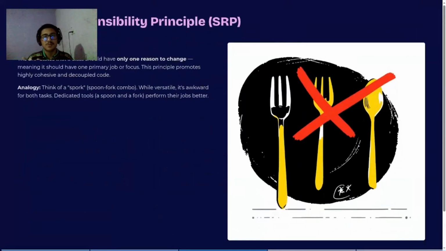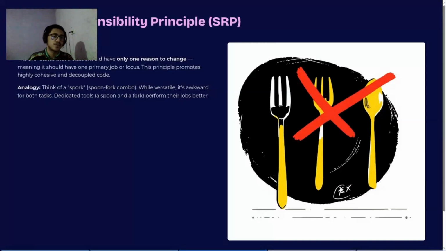The first key principle is the single responsibility principle. The SRP states that a class should have only one reason to change, meaning it should focus on a single responsibility.